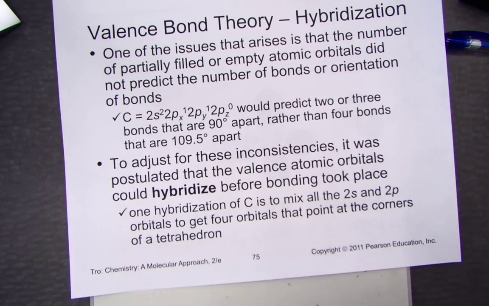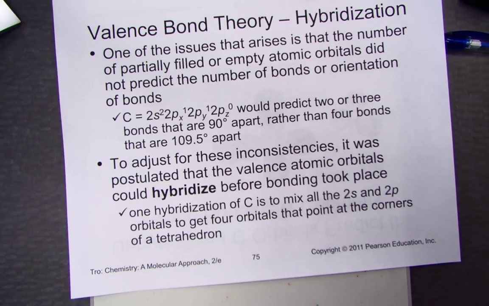The valence bond theory of hybridization. One of the issues that arises is that the number of partially filled or completely empty atomic orbitals did not predict the number of bonds or the orientation of bonds. Carbon is a prime example.